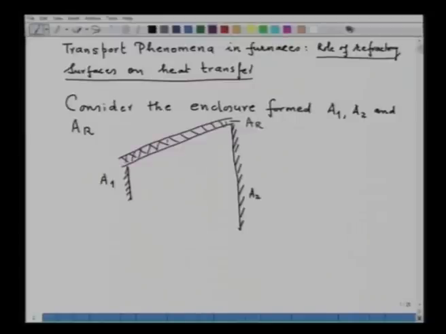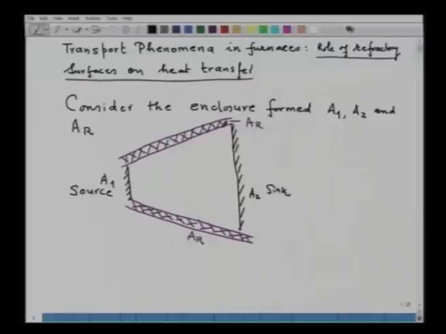So, this is the refractory wall. Now, A1 we call as a source, A2 we call as sink.